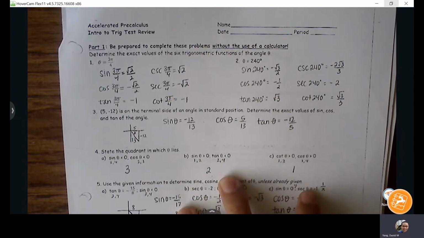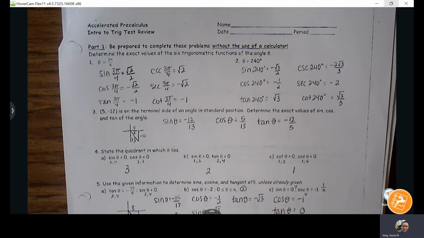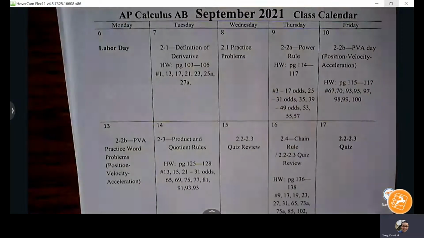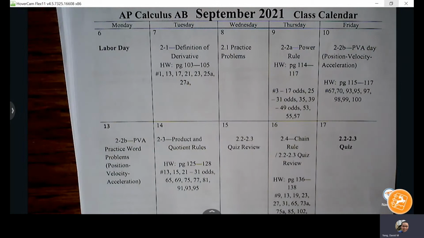So that will be the procedure. Now, the second part, the calculator portion, is going to resemble more of the first quiz that you took. So let's see if we can spend some time going over those types of problems.